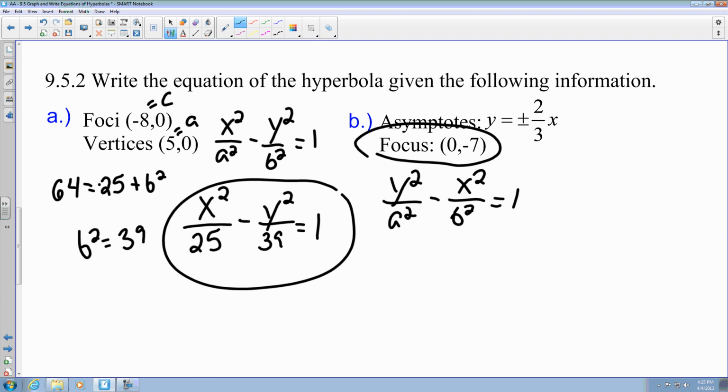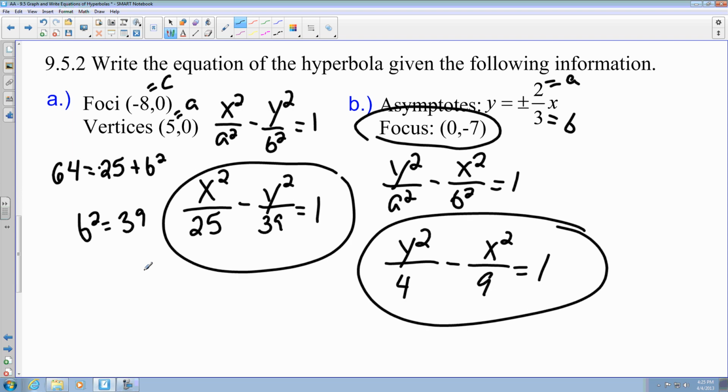And then here, since we're using that equation, I know that 2 equals a, and I know that 3 equals b. So it's just a matter of plugging in those values into this equation. So I'm just going to go y squared over 4 minus x squared over 9 equals 1.